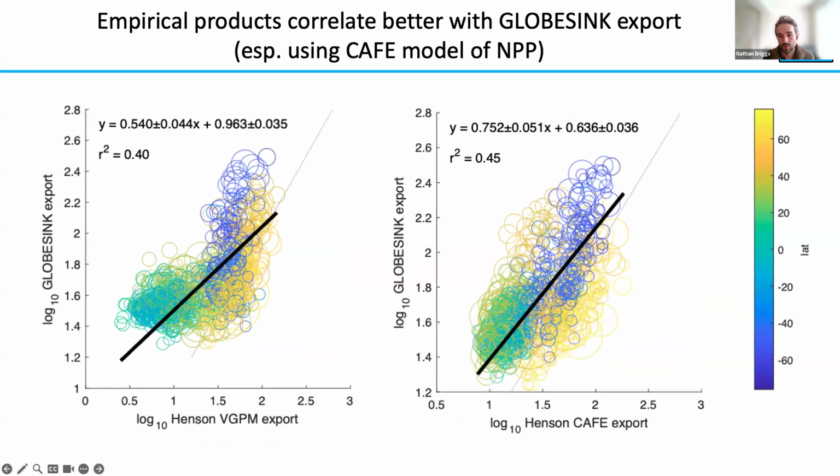There are some empirical methods that have looked at empirical relationships between satellite net primary productivity products and independent estimates of export. And they perform a little bit better, especially the ones based on the CAFE NPP and primary productivity model. Plus some empirical correlations with export efficiency. We're getting our highest correlations.